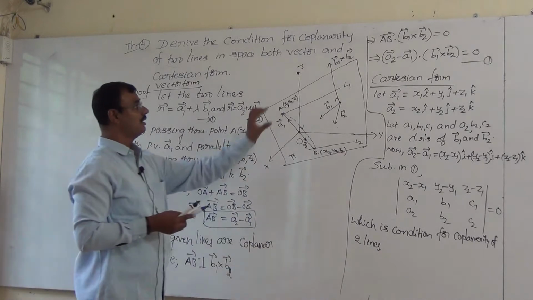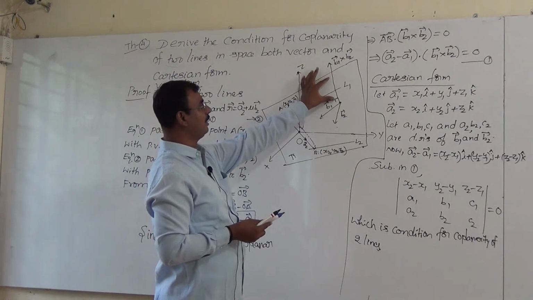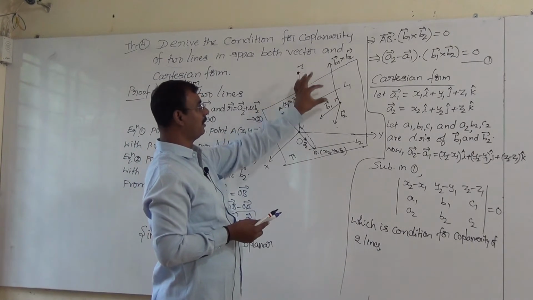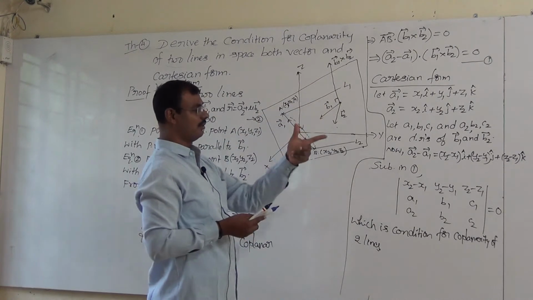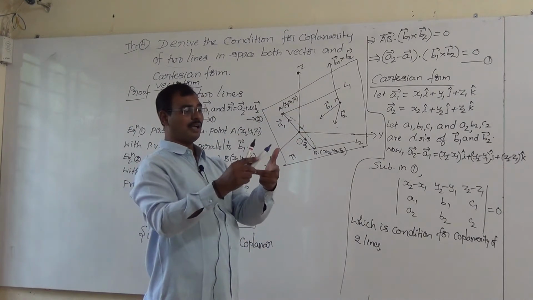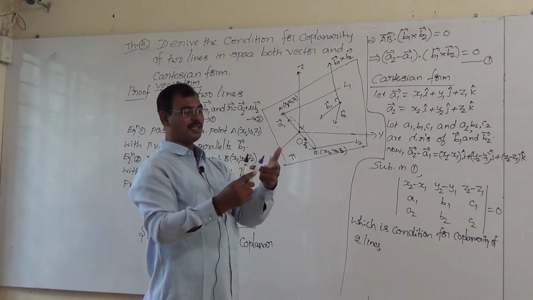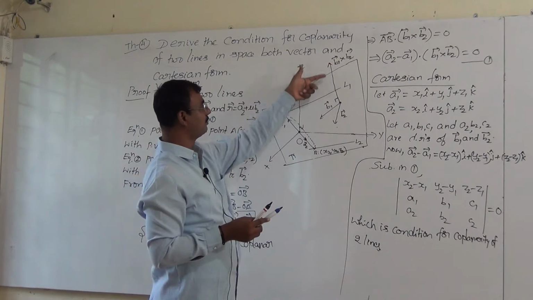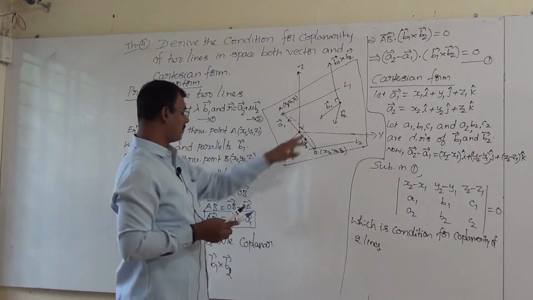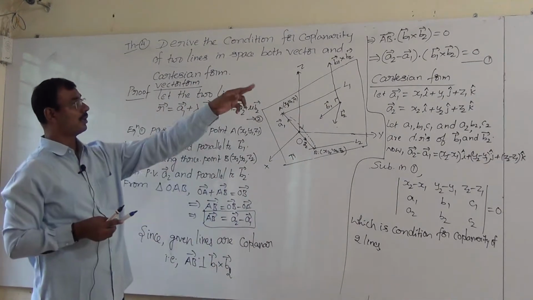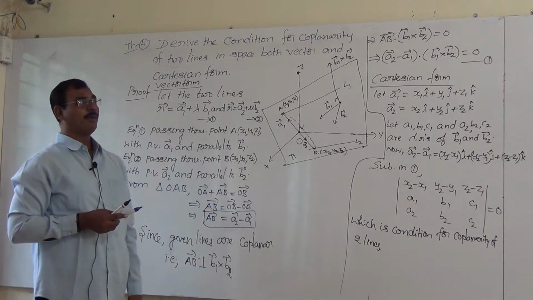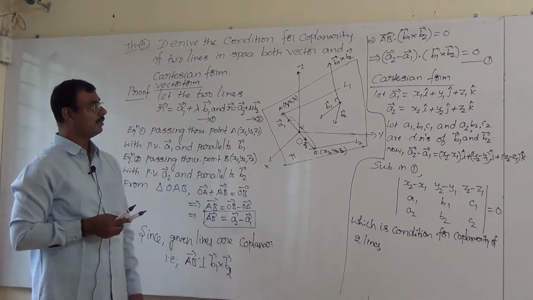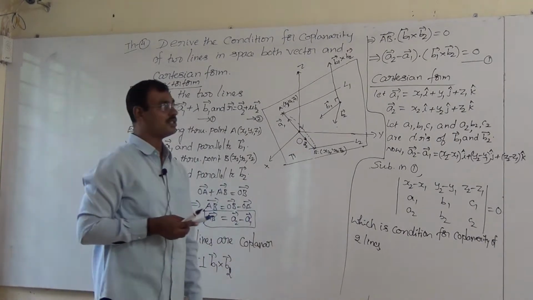Why? Because B1 cross B2 is always perpendicular to the plane. Remember this law always: like i, j, k, where j and k are always perpendicular to the i vector. So the dot product will be 0. Applying the dot product, (A2 bar minus A1 bar) dot (B1 cross B2) will be 0.